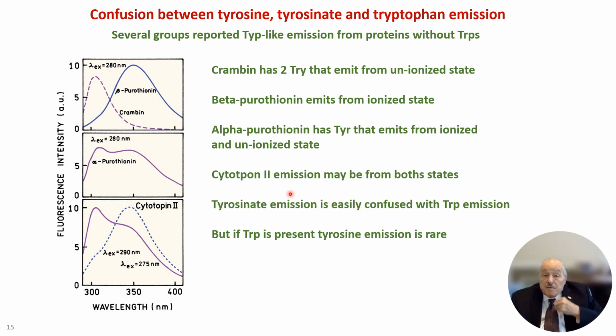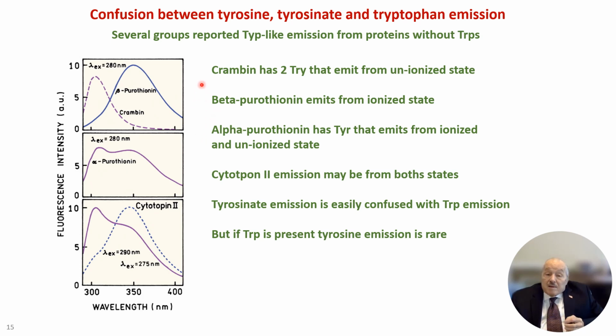There has been confusion about whether a protein contains tyrosine or tryptophan, and several groups have reported tryptophan-like emission from proteins that were known not to have tryptophan. And I have some examples of that here. And as is true for all scientists, we argued about it for a while.